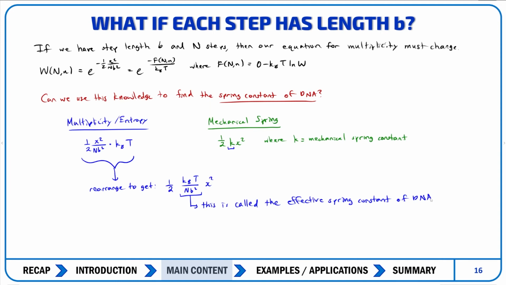And so we define that to be k_eff is equal to kBT over nb squared. Now, this particular spring constant is important to remember moving forward. It is a spring constant that's based off of multiplicity and entropy. So in effect, it is some sort of entropic spring constant that represents how stiff a DNA chain is.